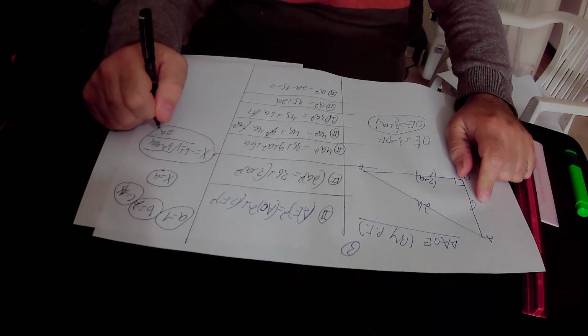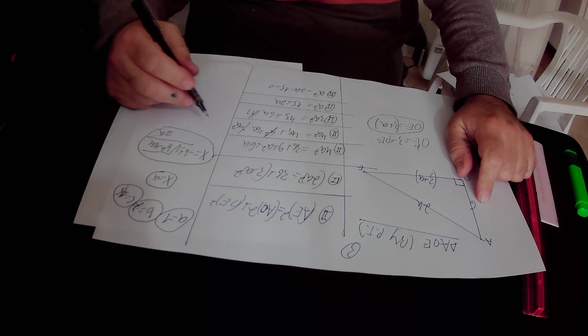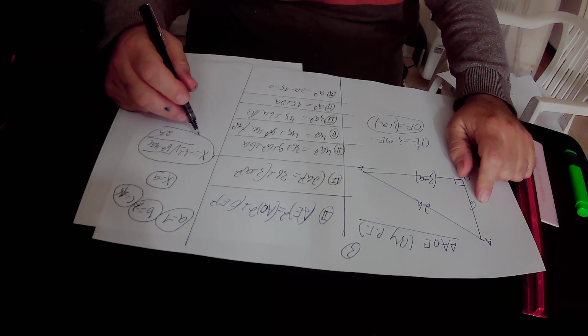In our specific quadratic equation, x equals a, so we substitute x by a.